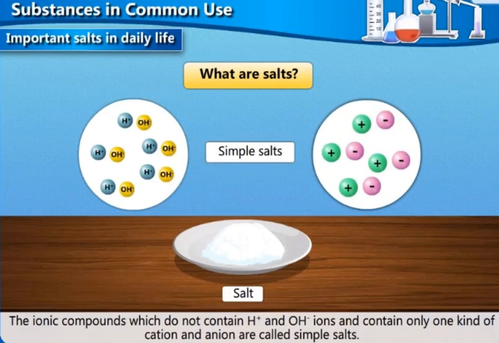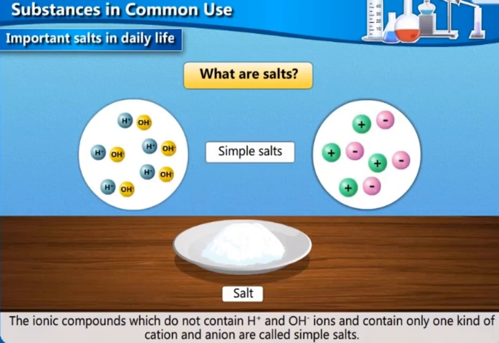For example, most of the bases, like sodium hydroxide, is NaOH. You see, it ends with OH. Potassium hydroxide is KOH, magnesium hydroxide is Mg(OH)2. So all of these bases contain hydroxide ions, and acids contain hydrogen ions.